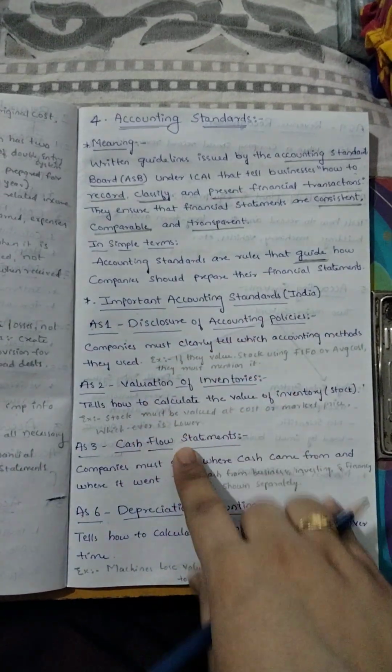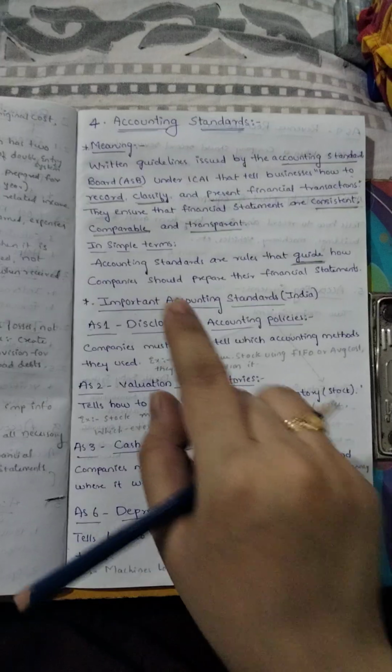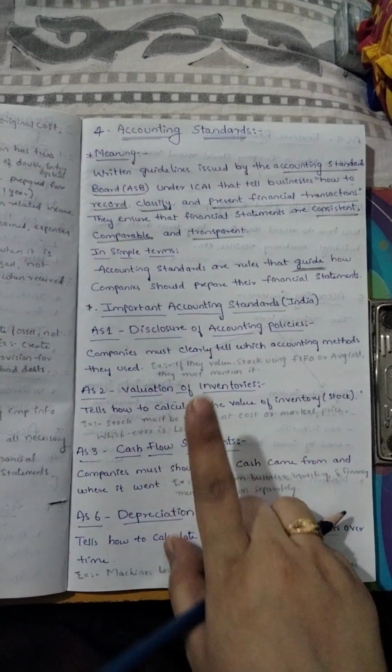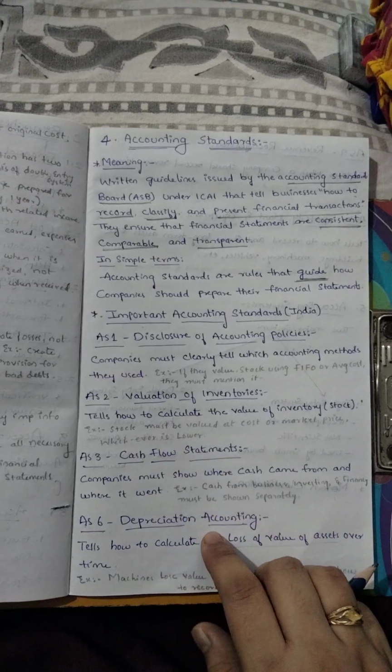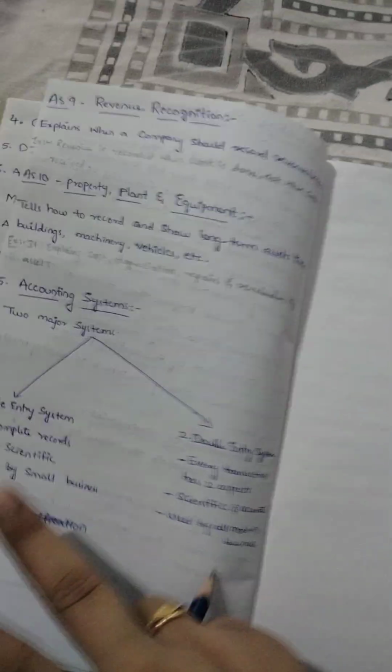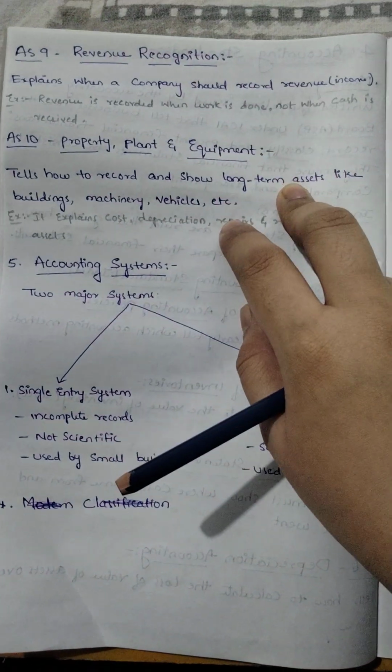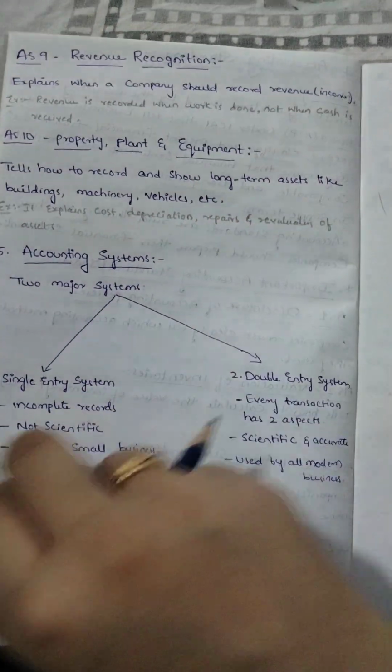So these are the important accounting standards: disclosure of accounting policies, valuation of inventories, cash flow statement, depreciation accounting, revenue recognition, property, plant and equipment.